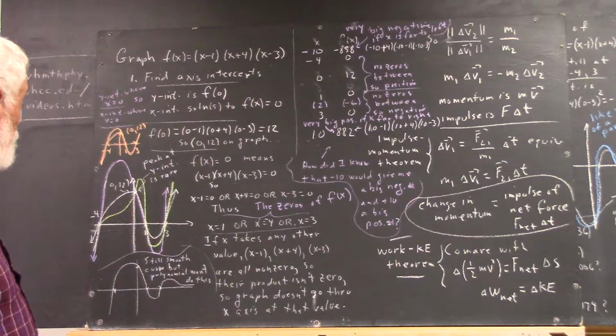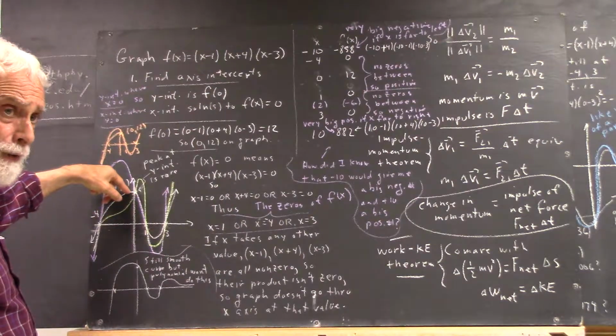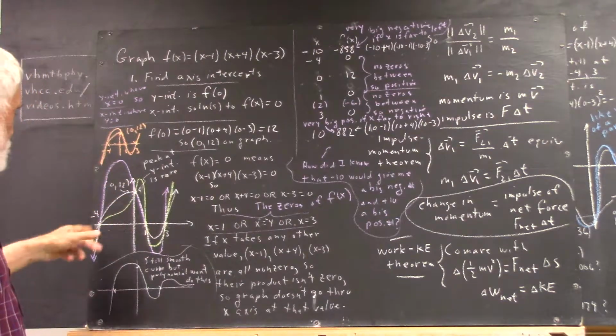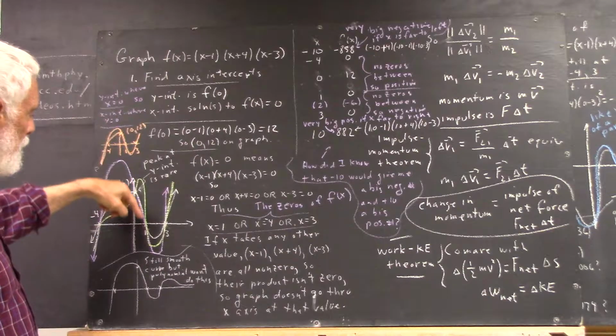Then we also know that the function is positive here, so that means once it goes through here, it's got to stay positive till it gets here.